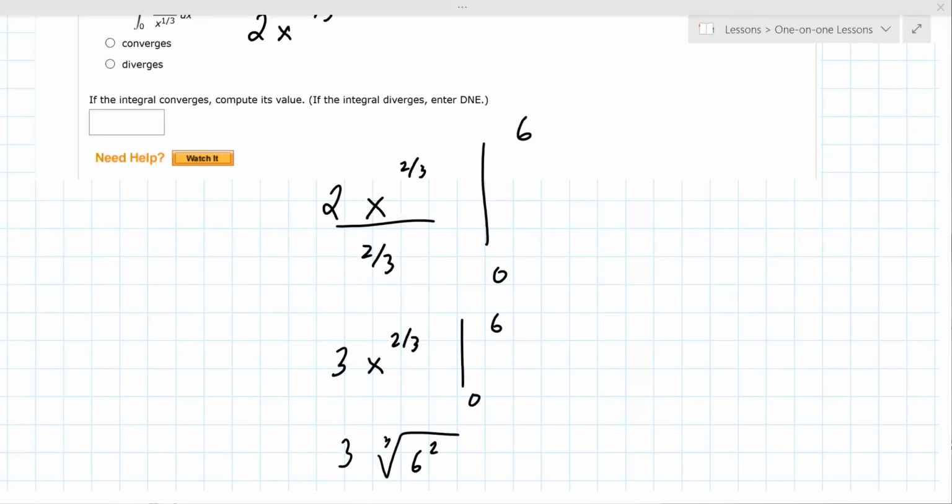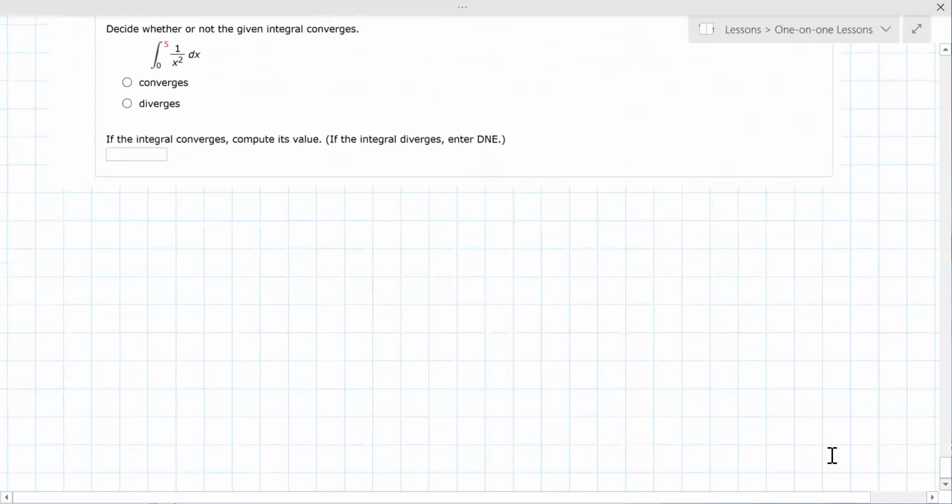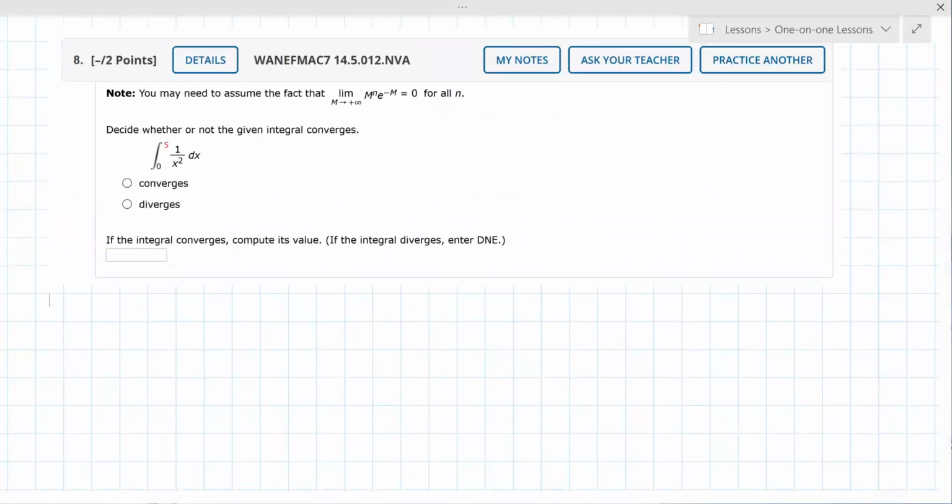All right, we're up to 8. Okay. So this one is kind of like the last one. There's a problem at 0 because 1 over 0 squared is undefined. You still try and find the antiderivative of those.